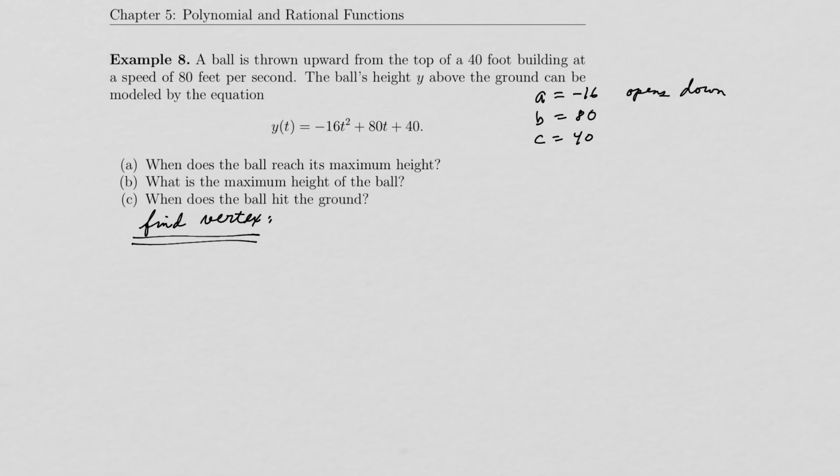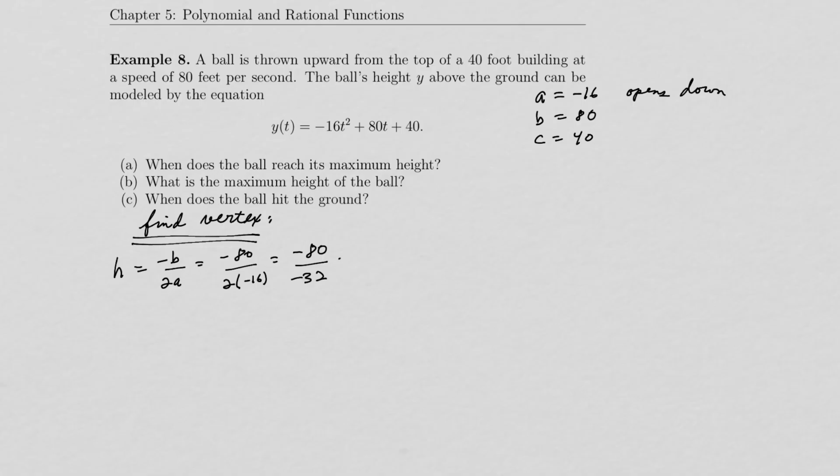All right, so to do that, let me calculate h. So that's negative b over 2a. In this case, it'll be negative 80 over 2 times negative 16. So it's negative 80 over negative 32. And if you work that out, it'll be positive, and I guess it's 2.5.